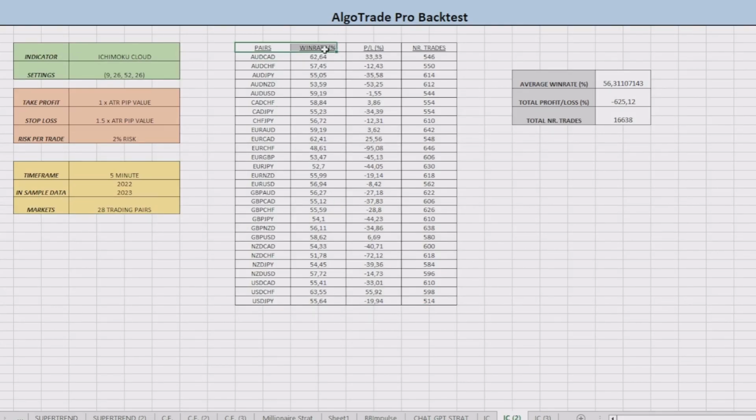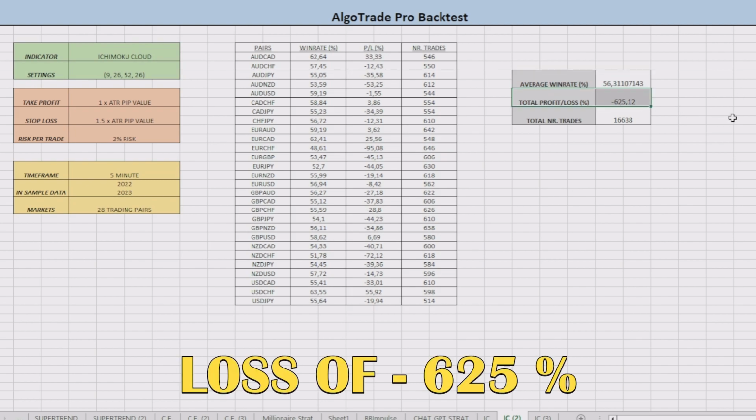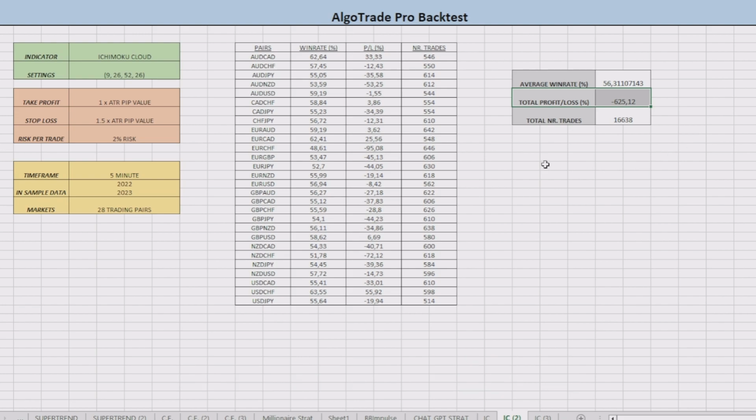So here are the new backtest results from the 5-minute time frame, and we can see that after over 16,000 trades, our Ichimoku Cloud indicator strategy has an average win rate of 56.31% and a loss of 625%. The results were even worse than the ones from the daily time frame.